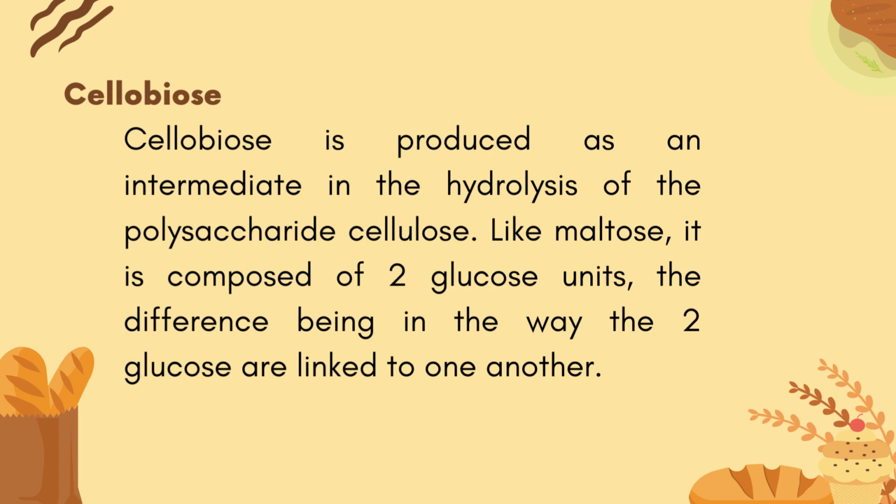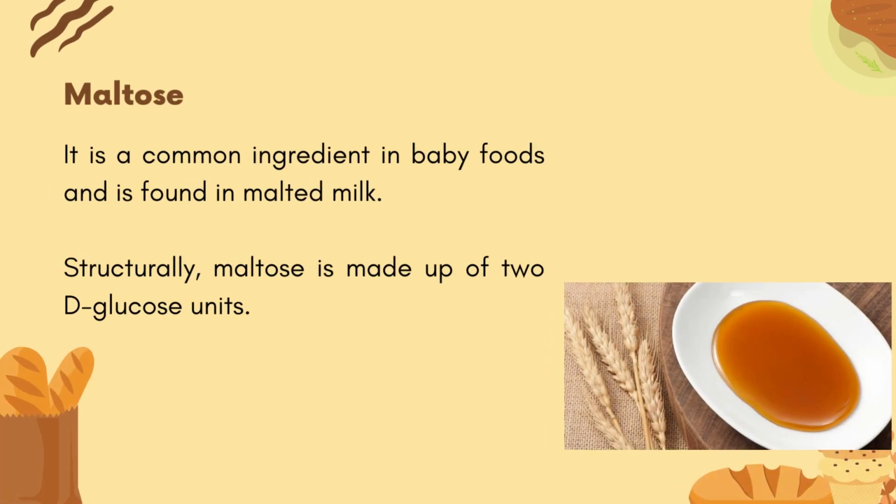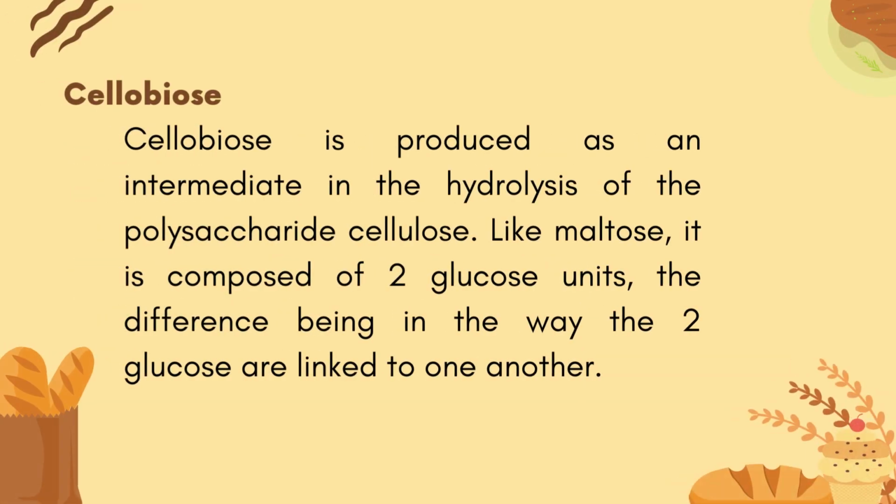Now, proceeding directly to cellobiose, the second disaccharide. Cellobiose is produced as an intermediate in the hydrolysis of the polysaccharide cellulose. Like maltose, it is composed of two glucose units, the difference being in the way the two glucose units are linked to one another. Another difference is that maltose is produced as an intermediate in the breakdown of starch, whereas cellobiose is produced as an intermediate in the breakdown of the polysaccharide cellulose.